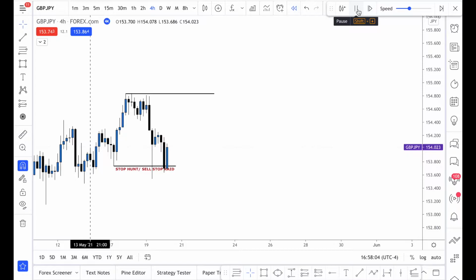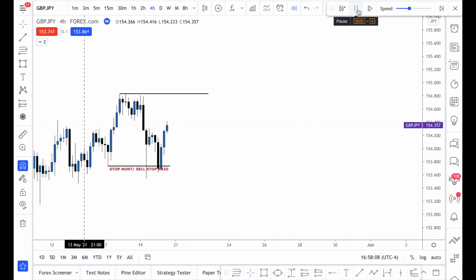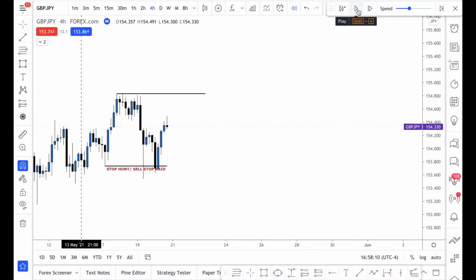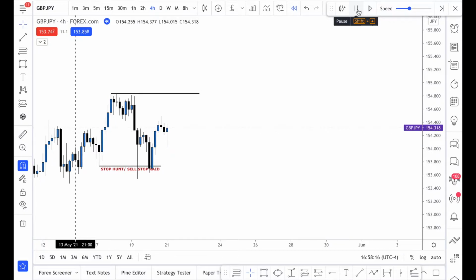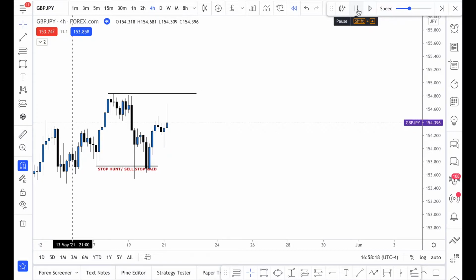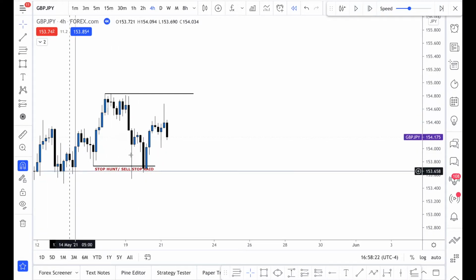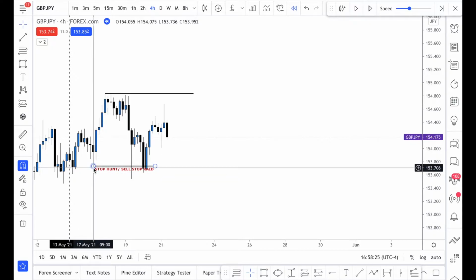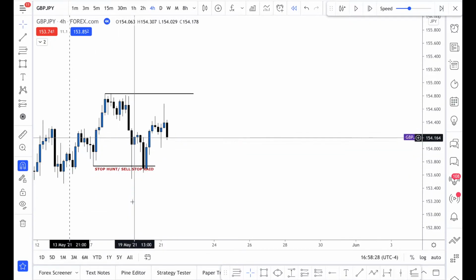Okay, raise it again. So now what we're waiting for is a break in structure. So as you can see here, I'm going to stop it, but as you can see, that swing low, we saw the sell stop, we saw the stop hunt there.